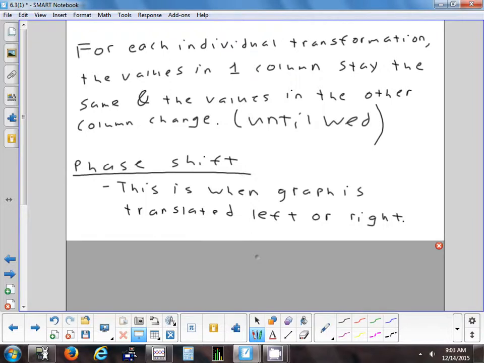And you guys have already seen a phase shift today. I think it was Cheryl or somebody mentioned sine and cosine. Basically, if you just take one and move it left or move it right, you get the other. Well, that's exactly what sine and cosine are. They are phase shifts of each other. And the other thing that's nice about sine and cosine, all the transformations are exactly the same as everything you already know.